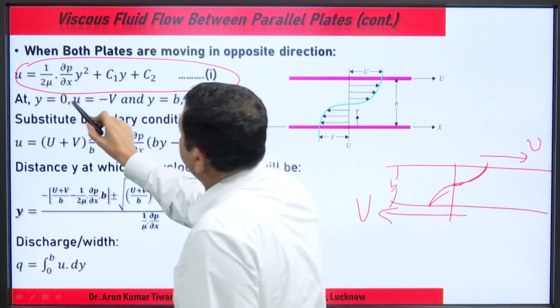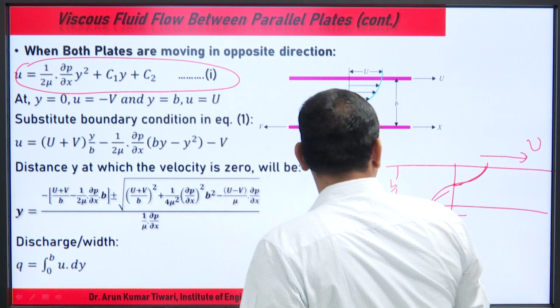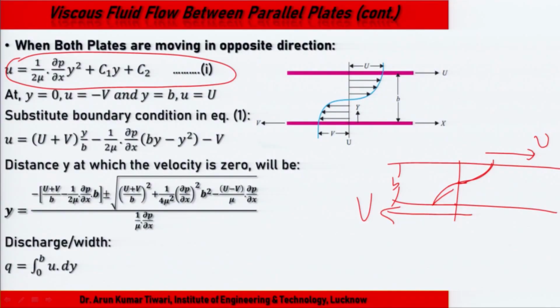So at y equal to 0, u equals minus V, and at y equal to b, u equals capital U, because from the reference one is positive and the other is negative, by direction. Putting the boundary conditions, calculate C 1 and C 2.